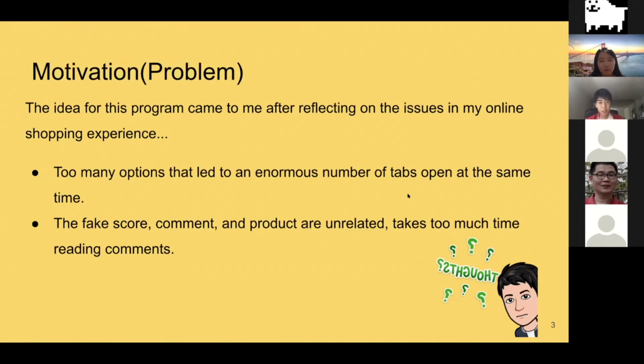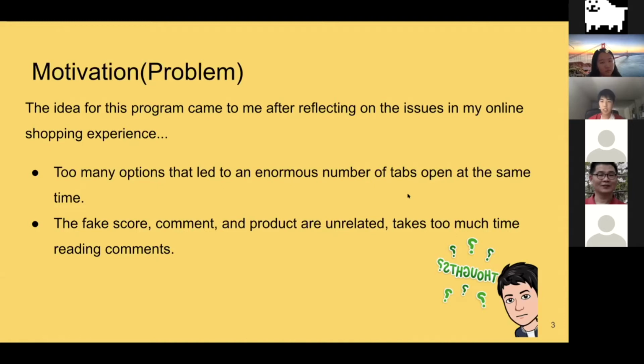Another one is the score. The score is actually very distracting for people. It's never really useful for checking if a product is really useful, because it involves many emotional comments, fake comments, and the scores and the comments and ratings don't match.